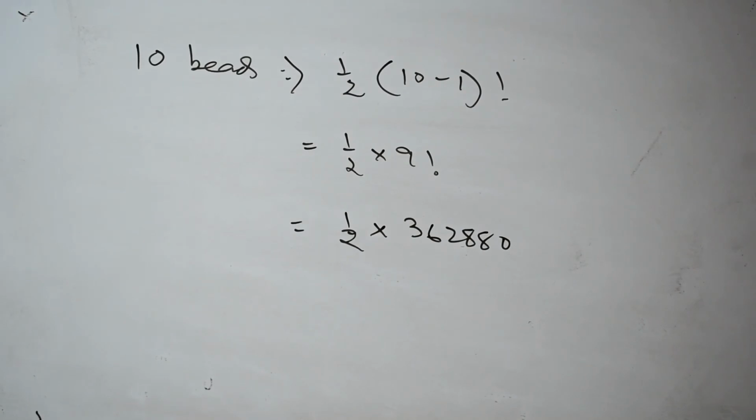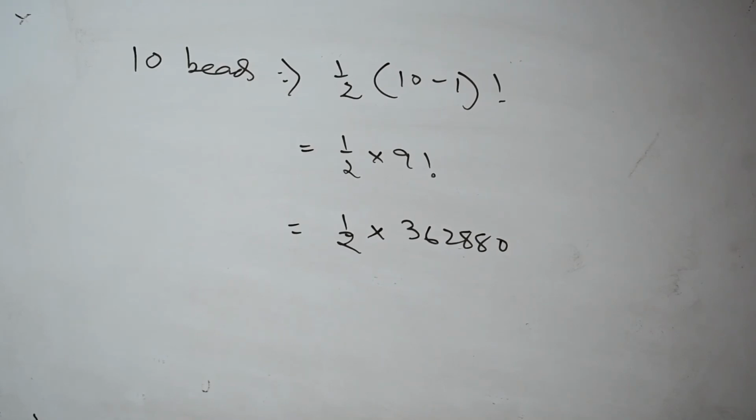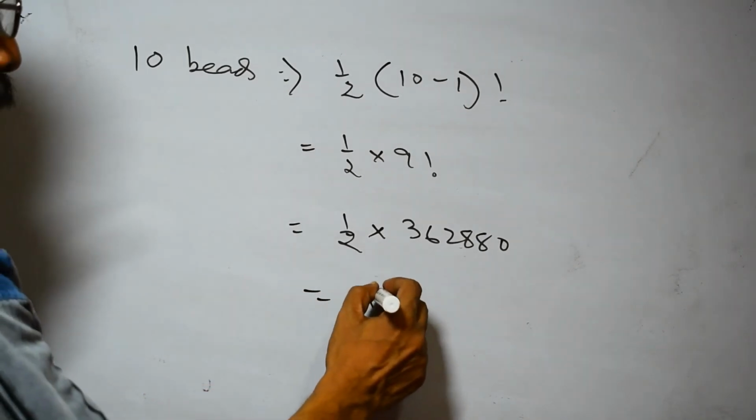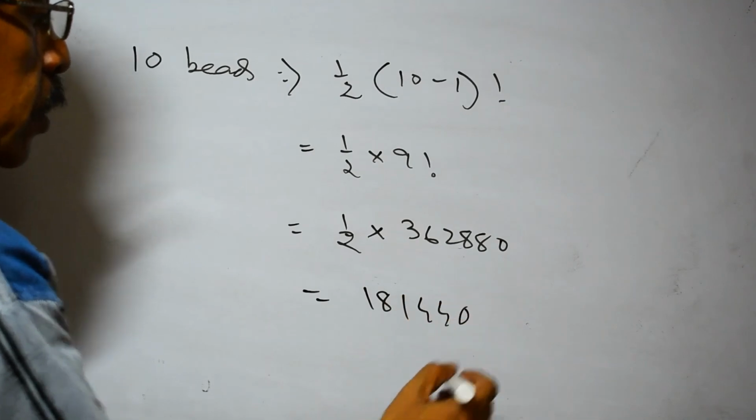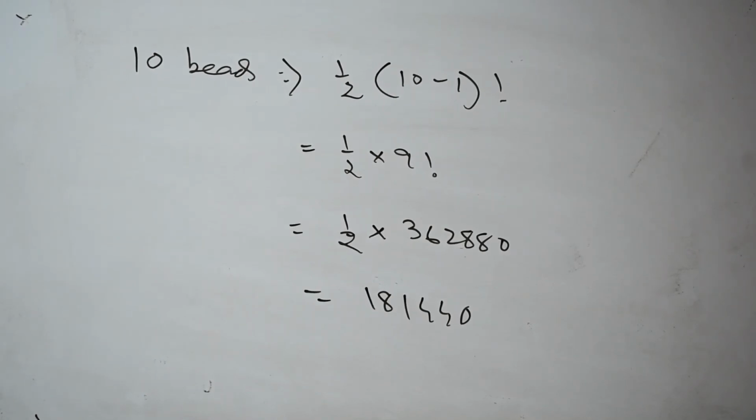What is the meaning of factorial 9? We know 1, 2, 3, 4 up to 9 we have multiplied, and dividing by 2 we get the final result, 181,440. That means the total number of necklaces which can be formed using 10 beads is 181,440.